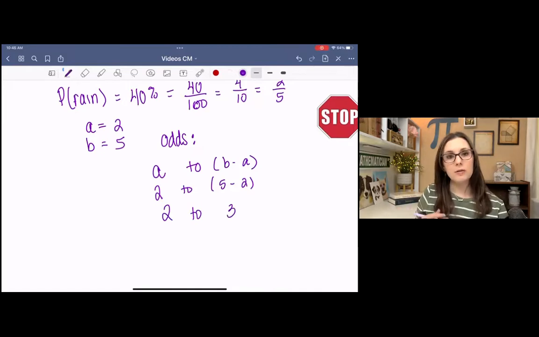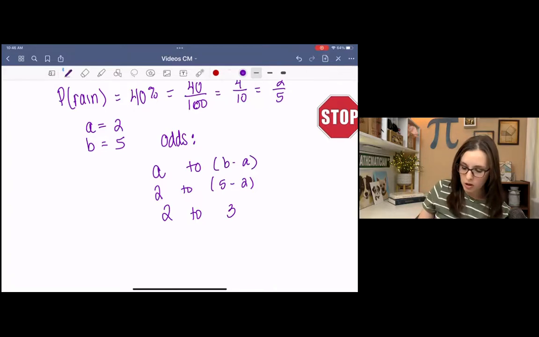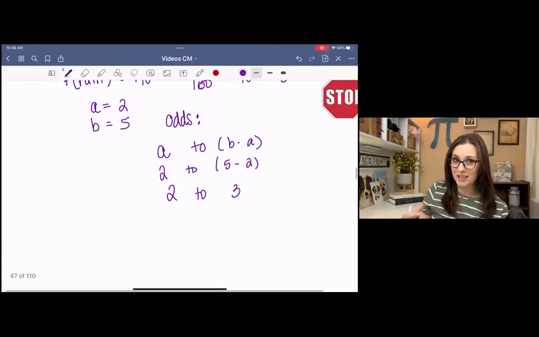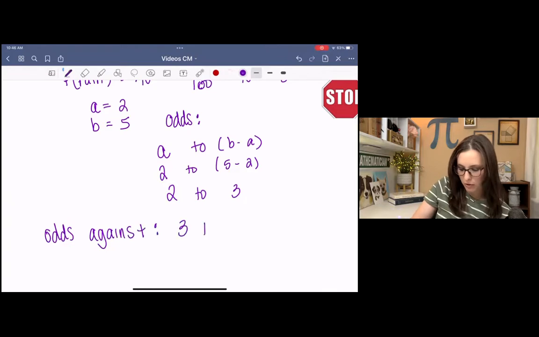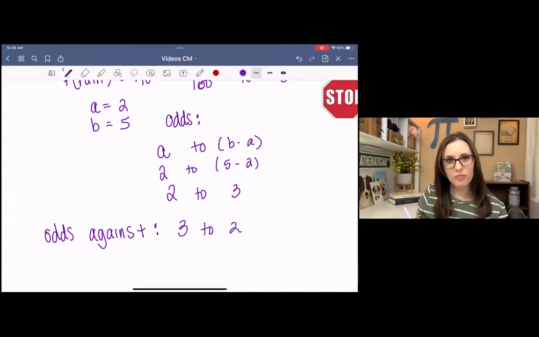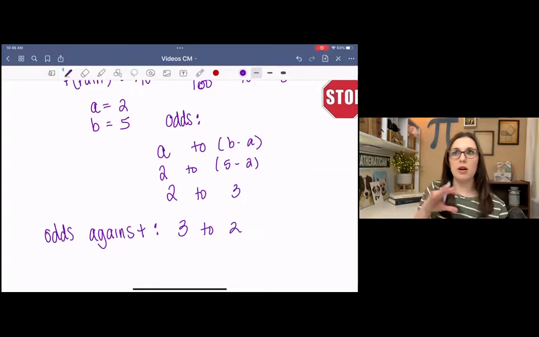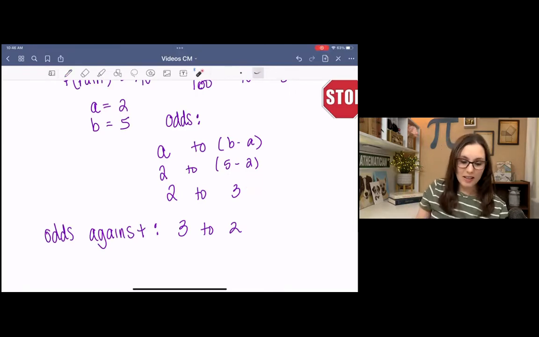So the odds in favor of rain tomorrow are 2 to 3. And then the next part of the question says odds against rain. Then you just take that in favor and switch it: 3 to 2. So when it's odds against, then you're starting with the other side, where the chances that it's not going to rain.